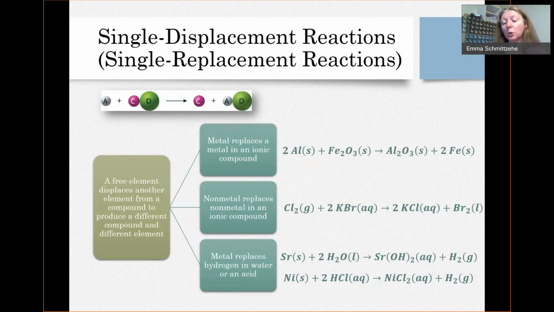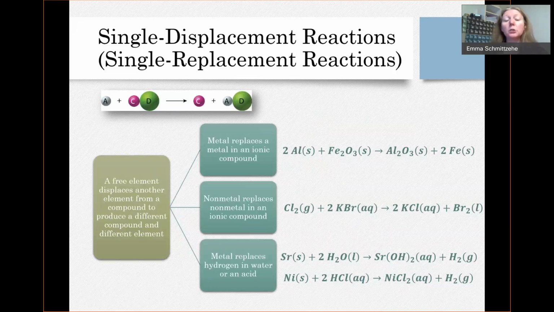And so if water were treated like an ionic compound, H plus would be the cation. So a metal would replace the H plus in that. And if HCl or any acid is treated as an ionic compound, again, the H plus portion of that could be replaced by a metal.